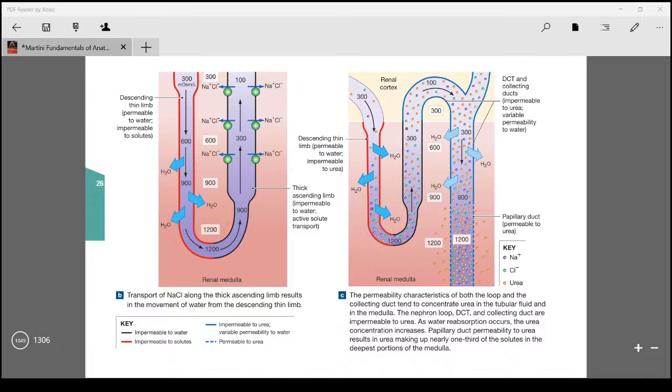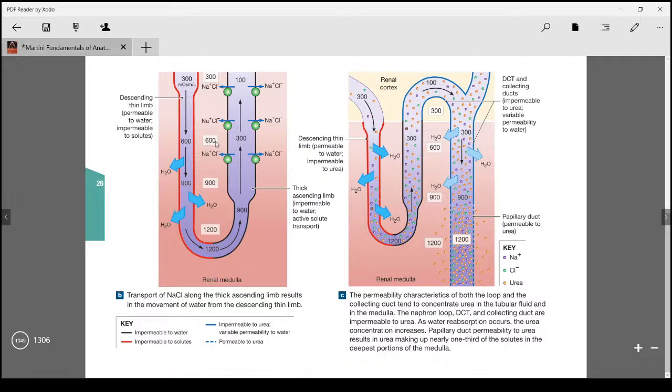Now the sodium ions, Na+, and chloride ions, Cl-, are pumped out of the thick ascending limb into the peritubular fluid. Look at this diagram. When they are pumped out, you can see the arrow, via the Cl- leak channels, and you have the Na+/K+ ATPase.